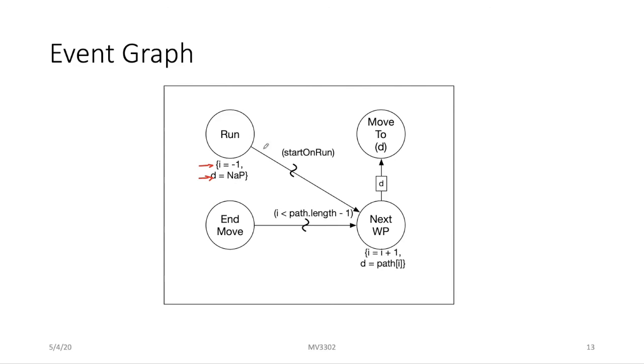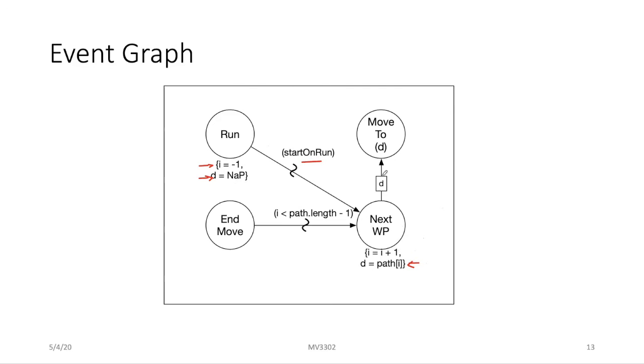And so what it's going to do is that if I start on the run, then I say, go to the next waypoint, and its state transition is going to be to increment I. So if I starts out at -1, then it goes to 0. So that's the one I want. And my destination is going to be that path at that index.